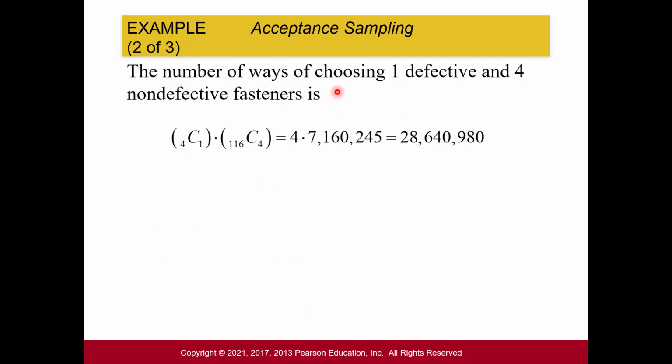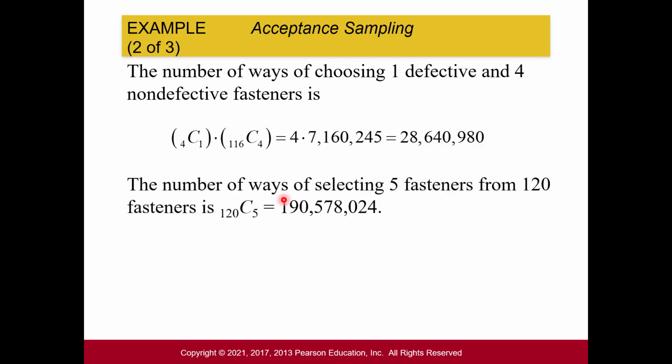So the number of ways of choosing 1 defective and 4 non-defective is just the product of our 2 combinations. We're choosing 1 of the 4 defective, times choosing 4 out of the 116 non-defective. So we work out using our formulas what that will be for a result of 28,640,980.